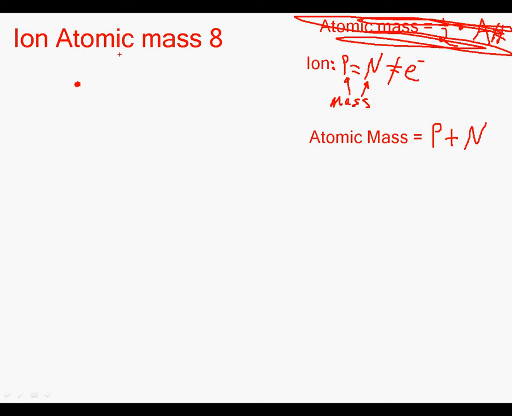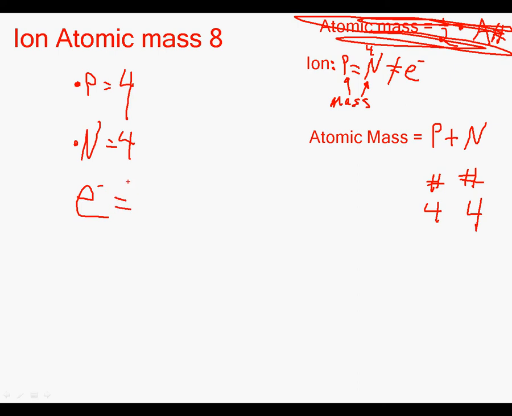So what plus what is the same number that comes out to 8? Well, it's 4 plus 4. So we know protons are equal to 4, neutrons are going to be equal to 4, and we know it's not equal to E, so electrons are equal to anything other than 4.